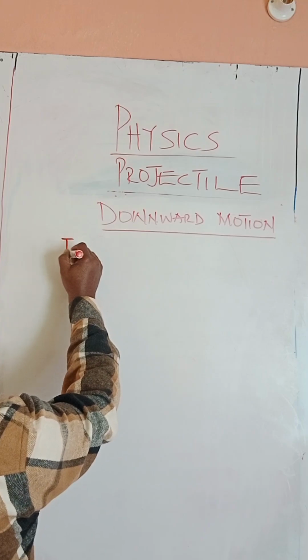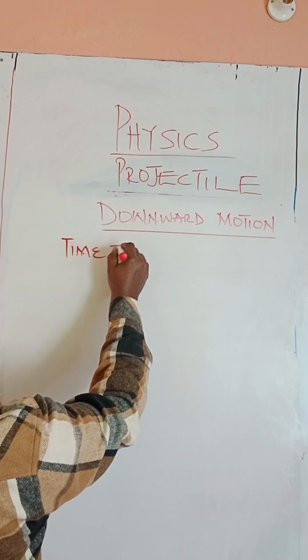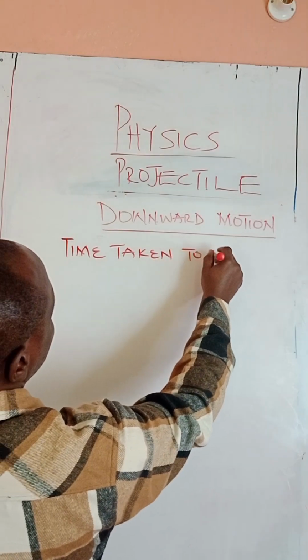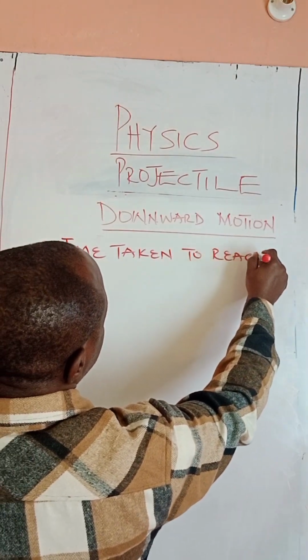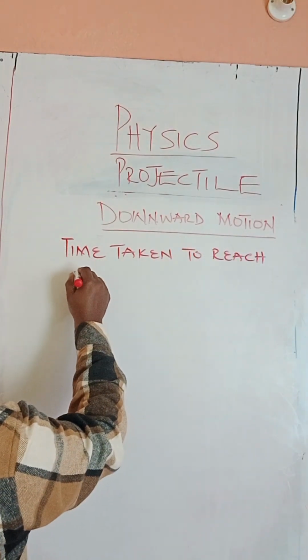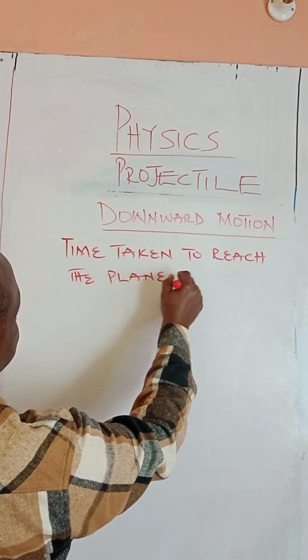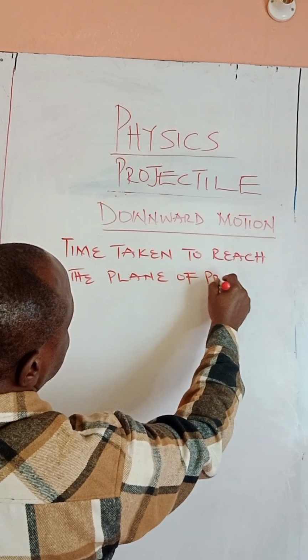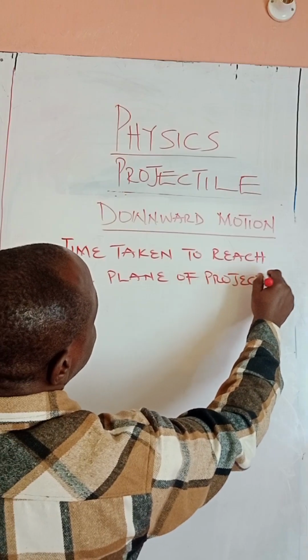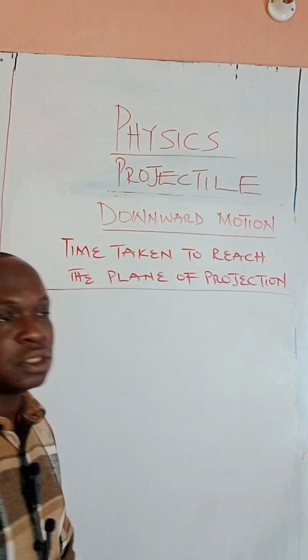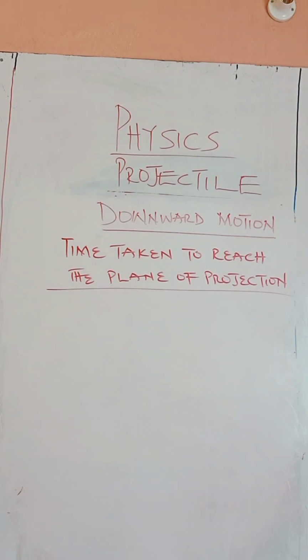Let's look at time taken to reach the plane of projection, that is, the foot of the building, the foot of the cliff. That is what we are trying to say here.